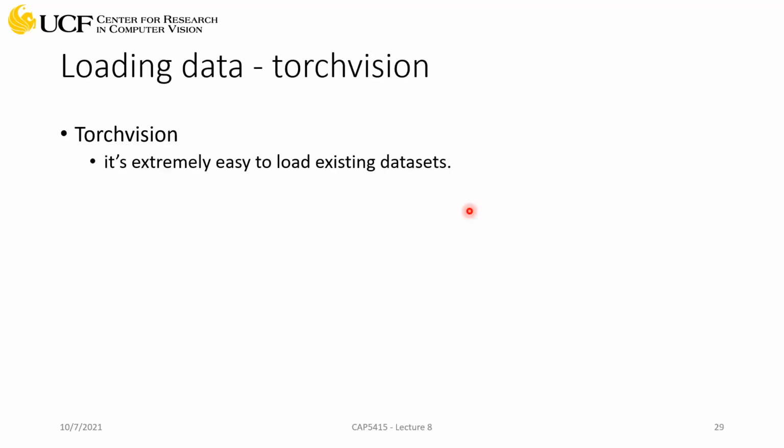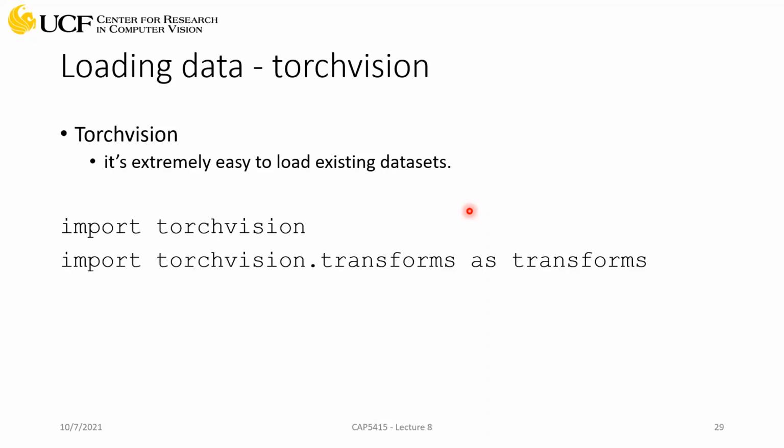Okay, so for visual data, Torch Vision is a library in PyTorch which is very helpful. And this is how you can import it. Just import torchvision, then you have torchvision.transforms. These are the transformations already provided by the PyTorch library, and later we'll see how useful these are.